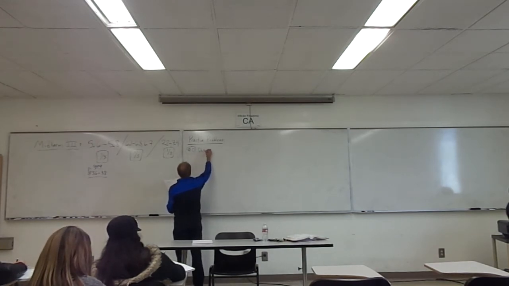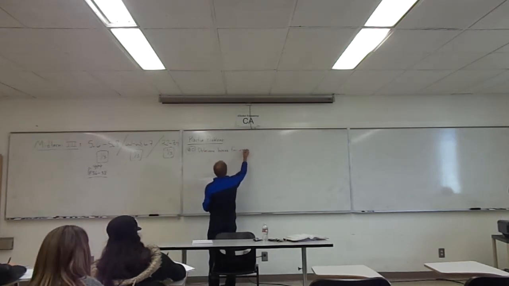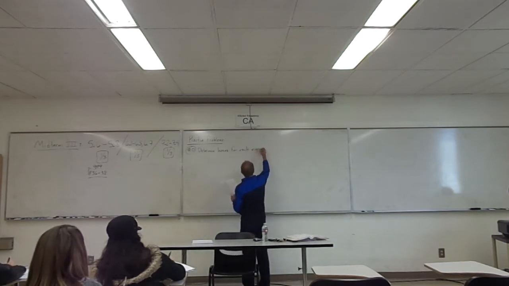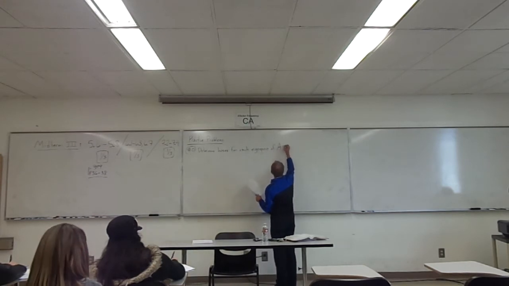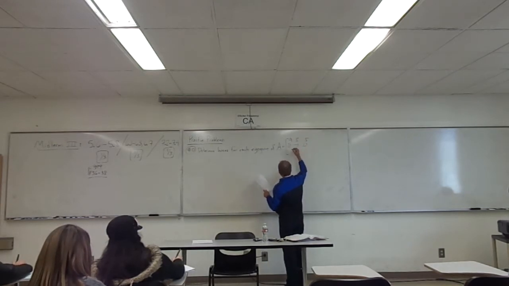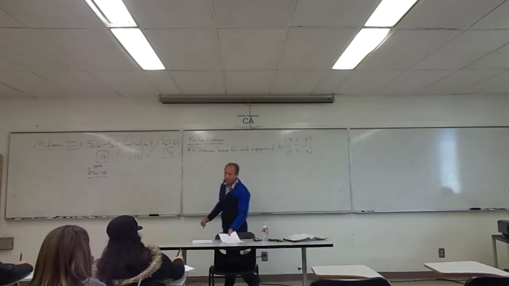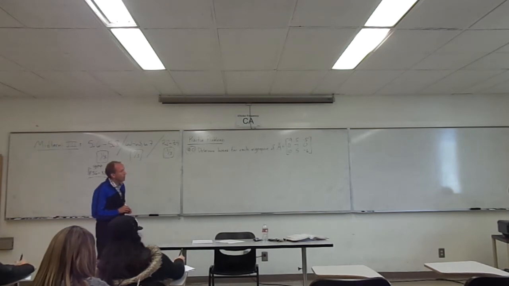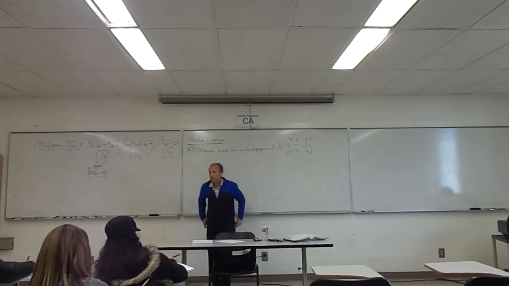Determine bases for each eigenspace of the matrix A equal to 9, 5, -5, 0, -1, 0, and 10, 5, -6. Okay, so let's try and find bases for each eigenspace. Okay. Does everybody remember what an eigenspace is, what that word means?